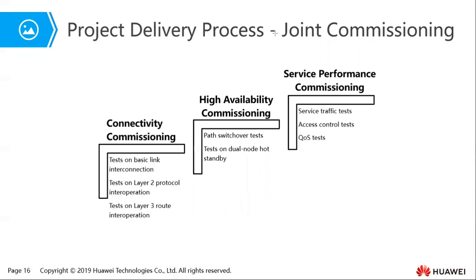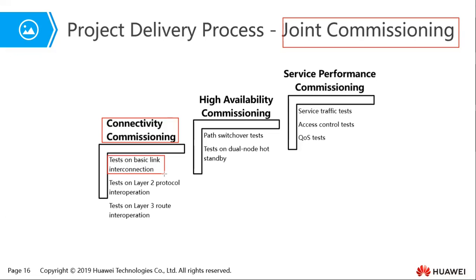So part of the project delivery process is what we call joint commissioning, which is normally divided into 3 steps. The first one being connectivity commissioning. In connectivity commissioning, we want to test whether the links are working.